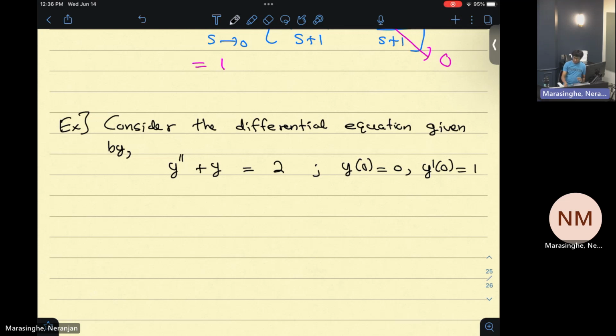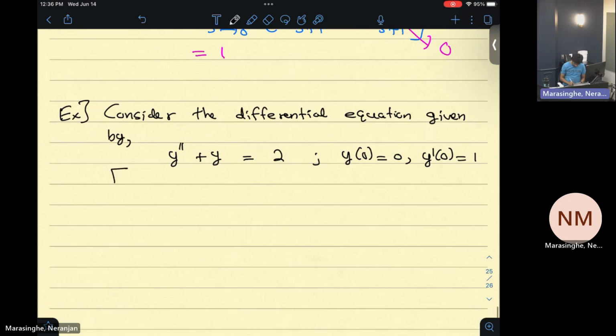Can you give a try to solve this problem? My problem is to find the final value. That means find the limit when t goes to infinity of phi(t).